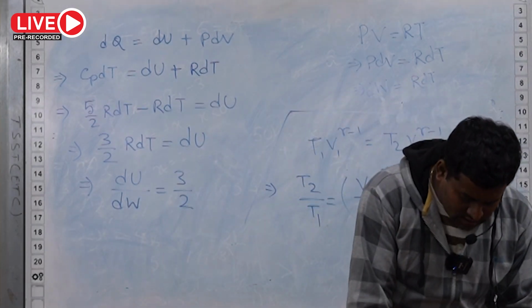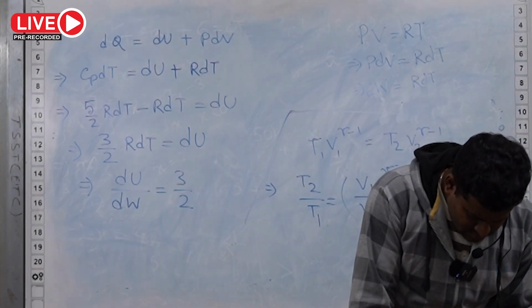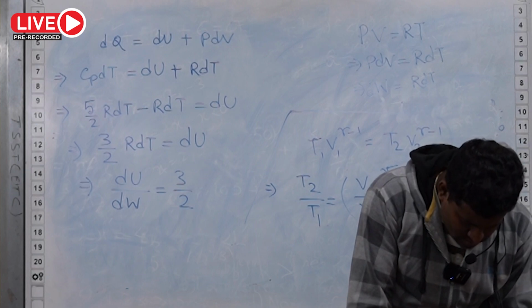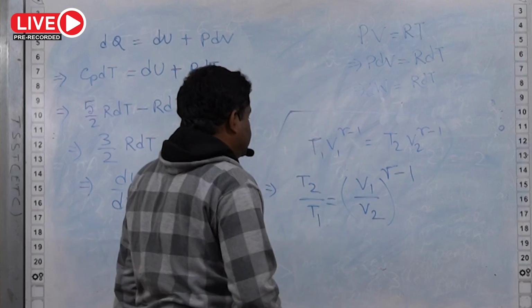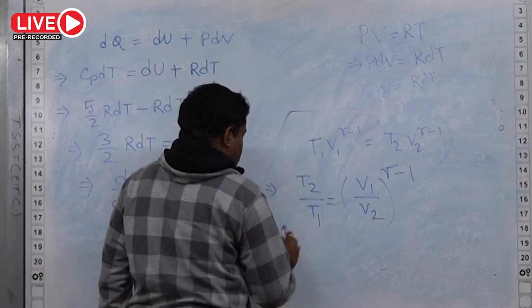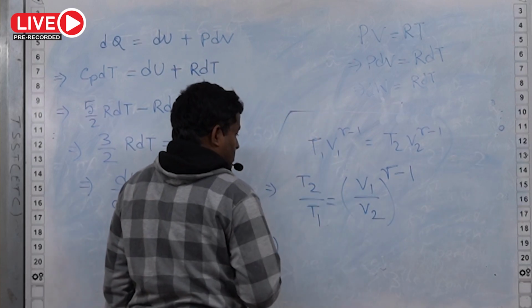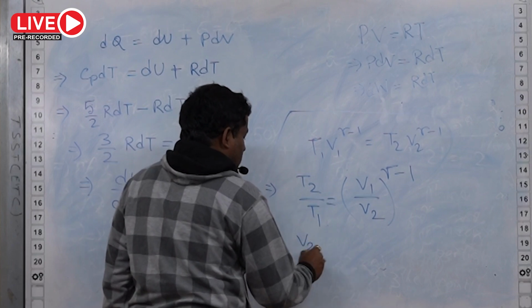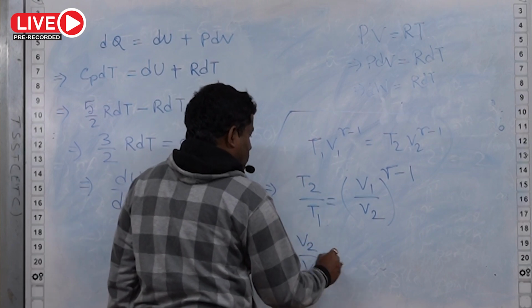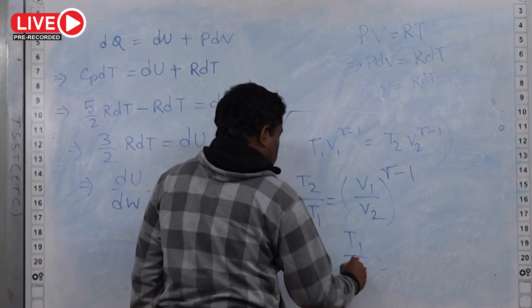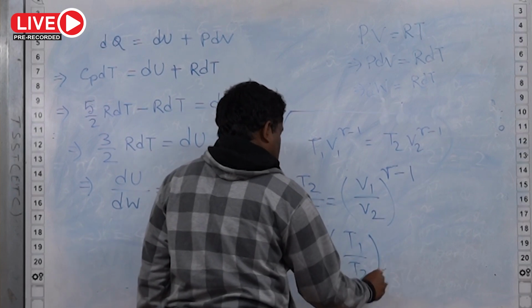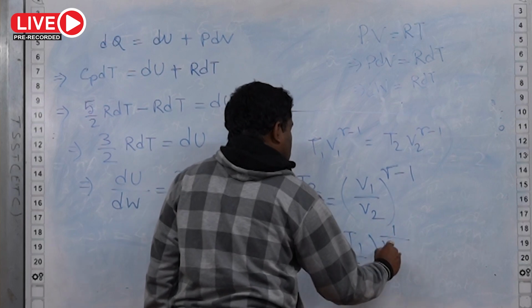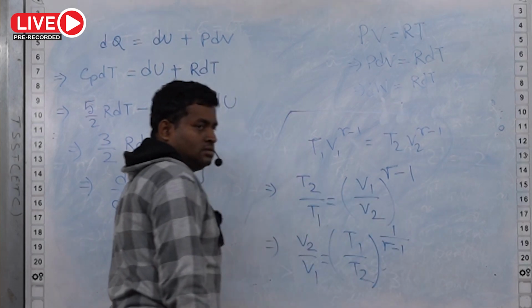In the question it is asked the ratio of the final volume to the initial volume, means V2 by V1, that has to be calculated. So V2 by V1 will be equal to T1 by T2 to the power 1 by gamma minus 1.